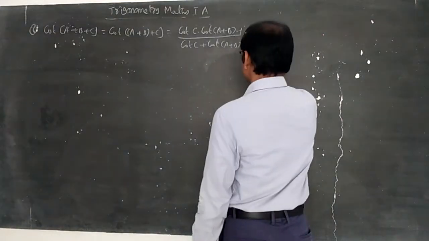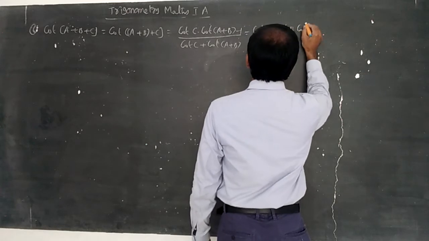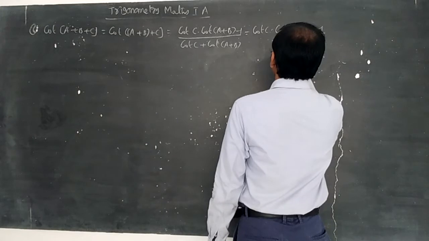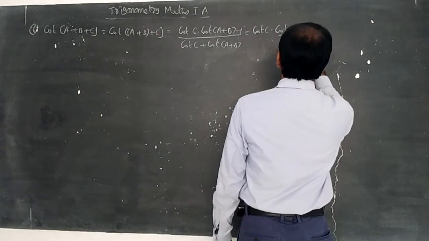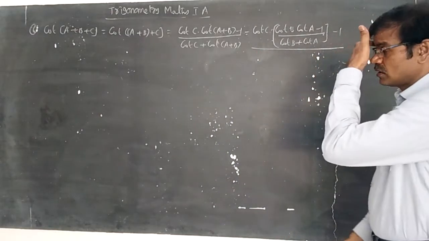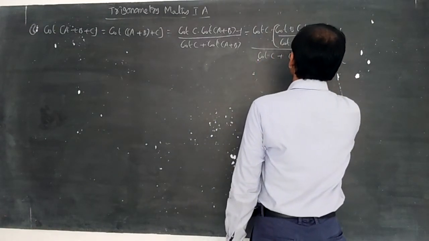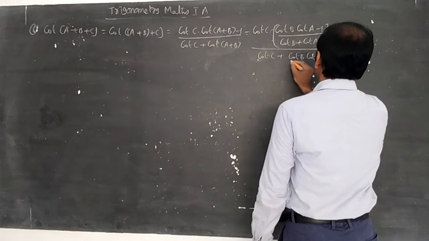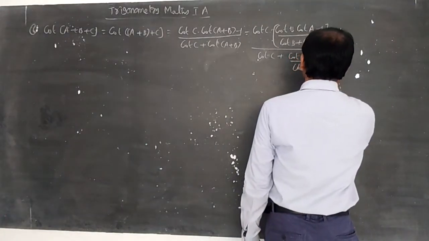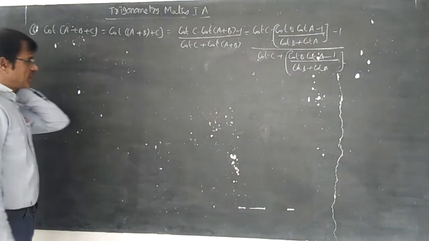Here cot C into, now write the formula cot of A plus B as cot B cot A minus 1 by cot B plus cot A, minus 1, whole by cot C plus, once again the formula cot B cot A minus 1 by cot B plus cot A. Now take LCM and multiply.